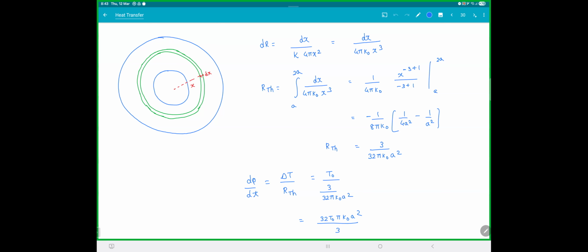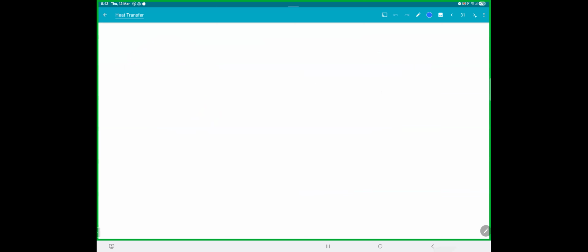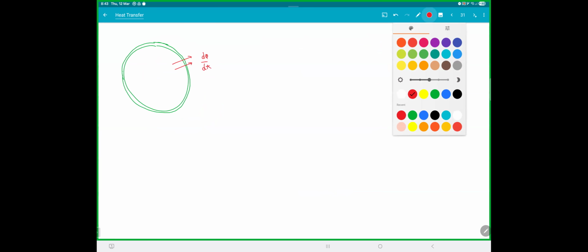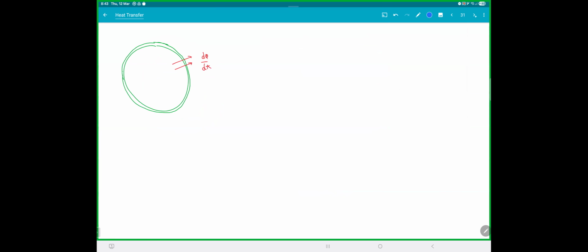Okay, let's see. So what is the temperature gradient? When you take this small element, the heat that is flowing out is dQ by dt. Now remember, the heat flowing from inside to outside is the same throughout every shell, because all of them are in series.